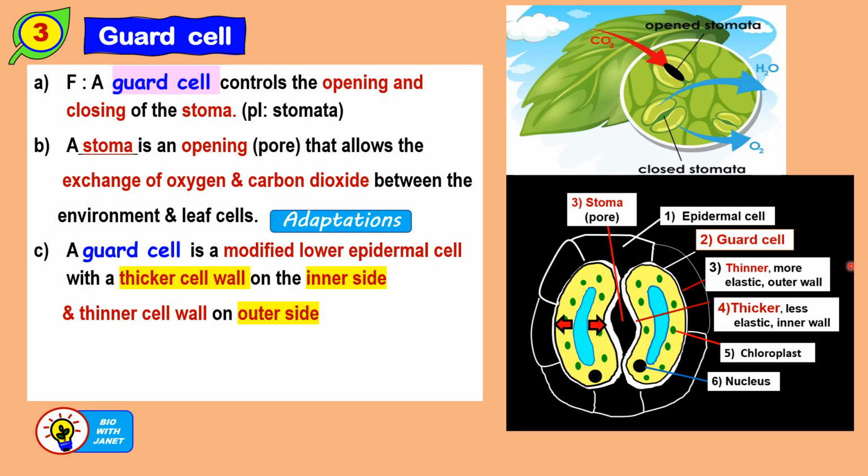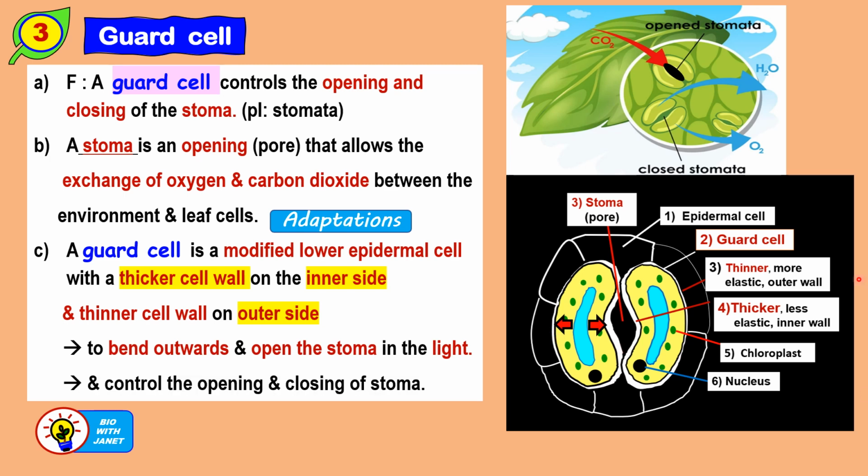This adaptation helps it to bend outwards more than bending inwards, because the thicker, less elastic inner wall prevents the movement of the wall towards the stoma, right? So more bending will occur on the thinner, elastic outer wall. It will bend outwards when it's in the light, to open the stoma.